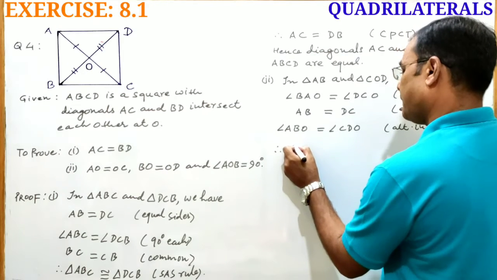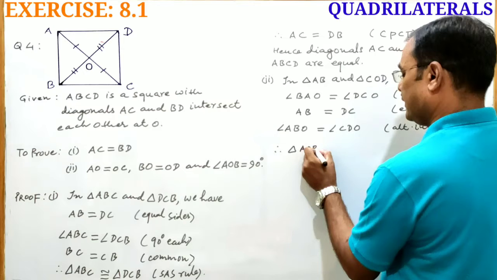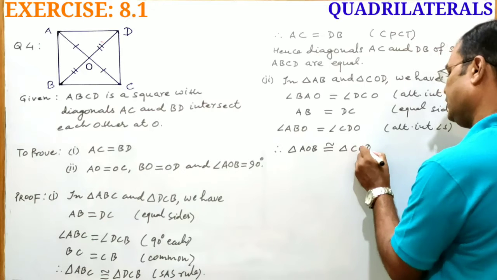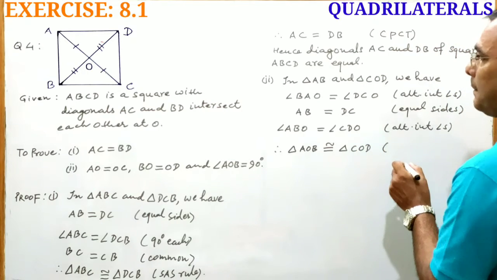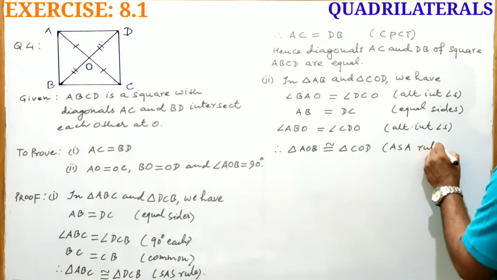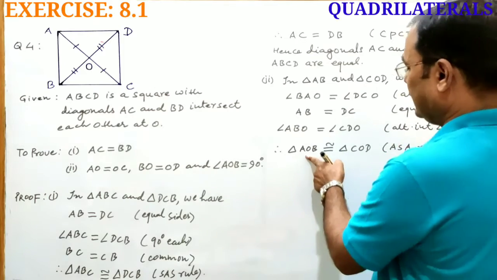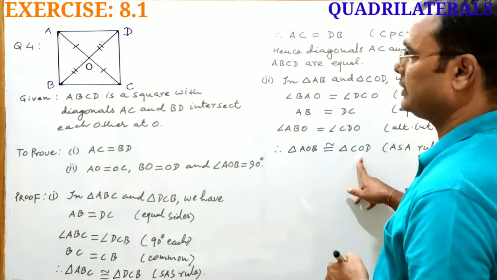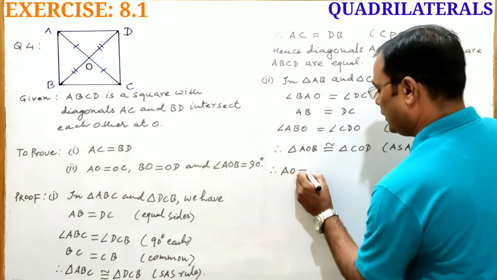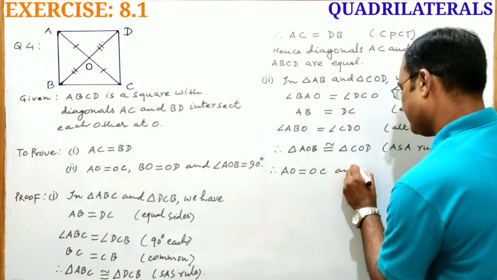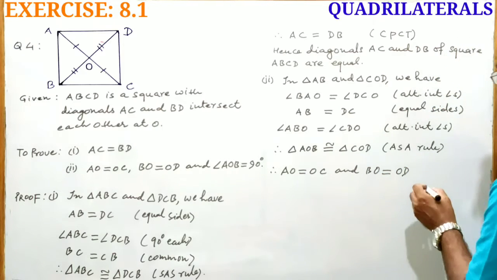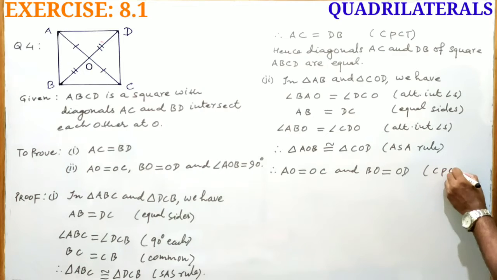Therefore, triangle AOB is congruent to triangle COD by angle side angle rule, and triangle AOB congruent to triangle COD proves that AO equal to OC and BO equal to OD by CPCT.